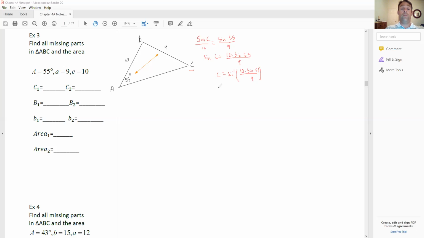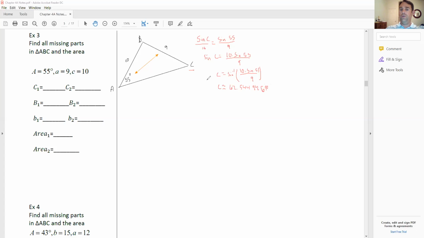Now, if this angle ends up being less than 90 degrees, then the perfect storm happened. I'm going to end up with two triangles. But if it doesn't, then we're okay here. So when I plug this into my calculator, friends, I end up getting 62.54494692.